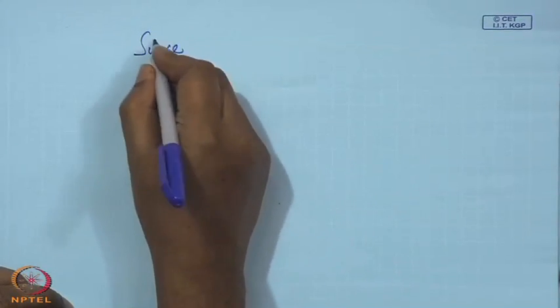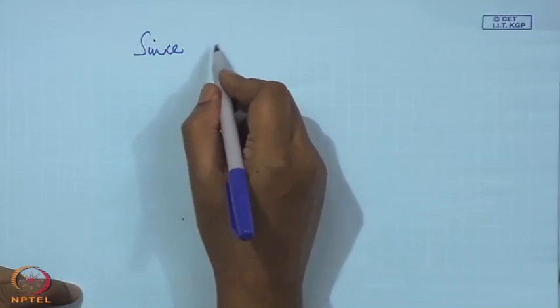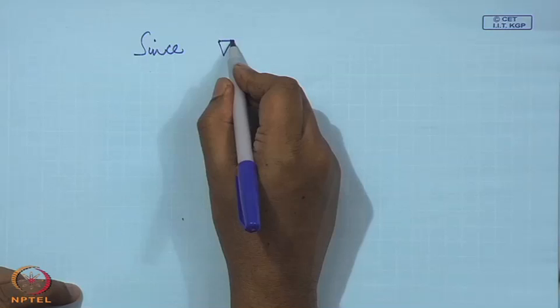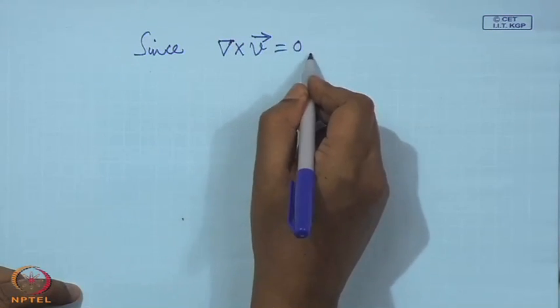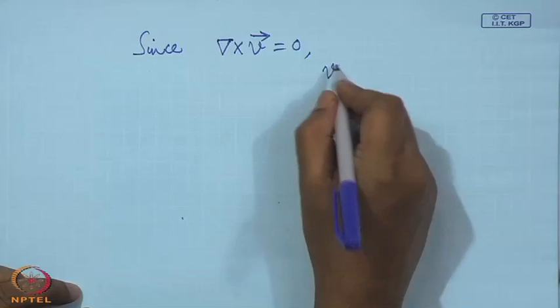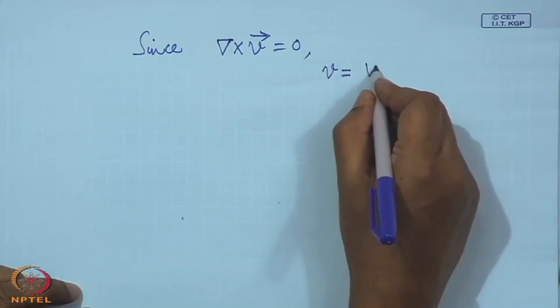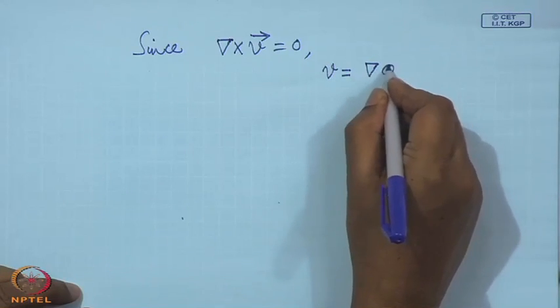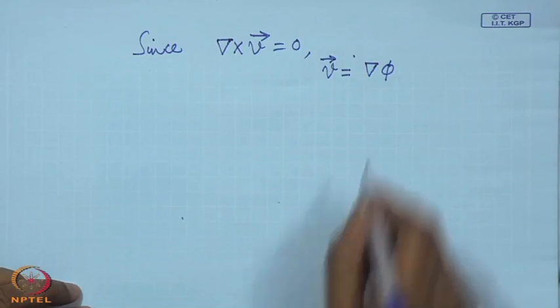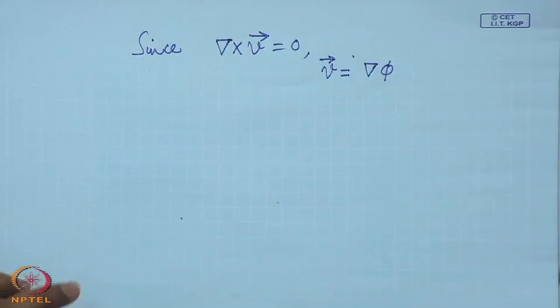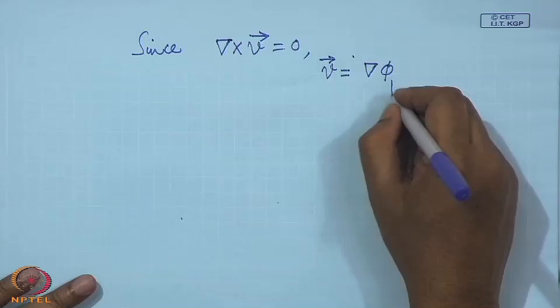Using that, this function phi is called the potential. Do not associate it with energy in this case.